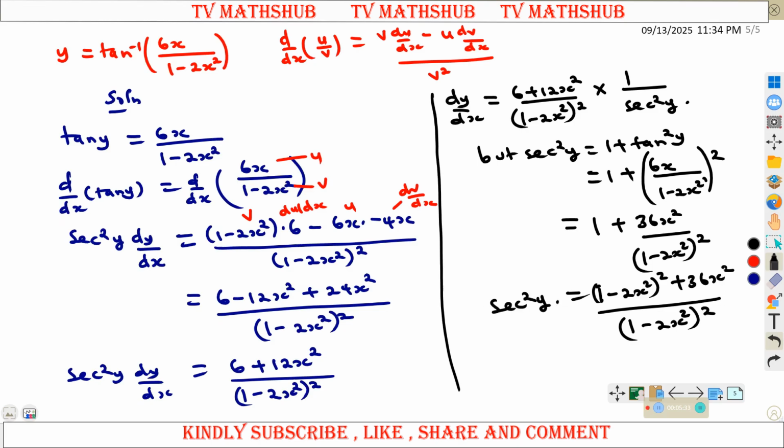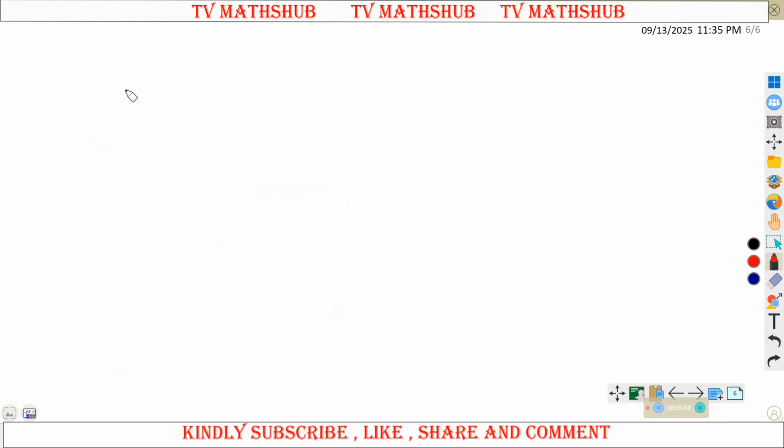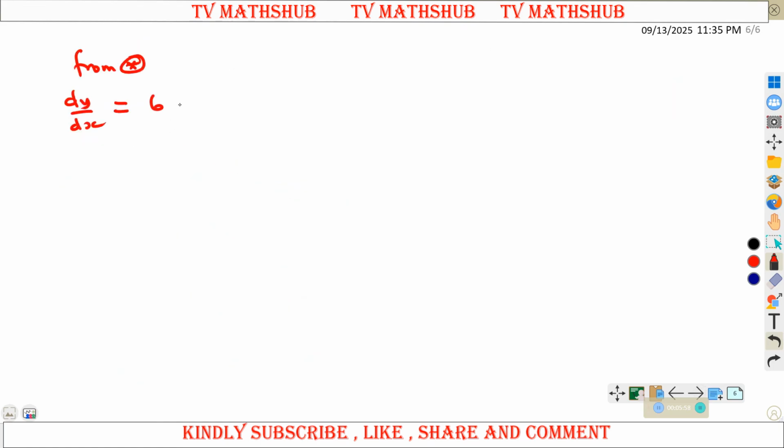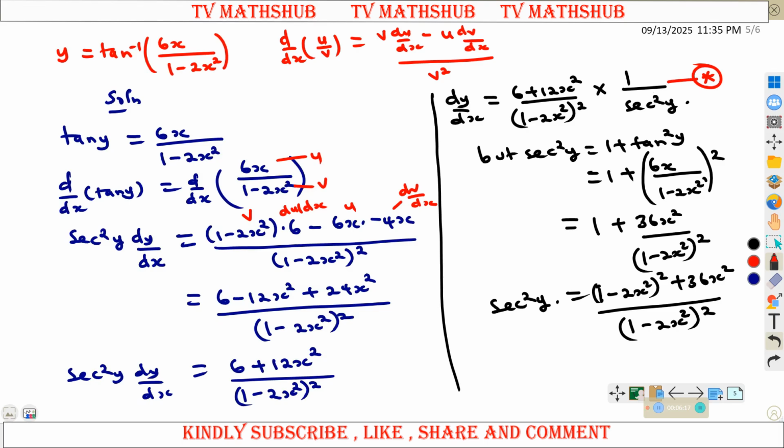So we shall bring this sec squared of y and substitute it in this given expression. Let us consider equation star. From star, we shall have dy/dx equal to 6 plus 12x squared divided by 1 minus 2x squared, the whole of this squared, and we are multiplying by 1 upon sec squared of y.